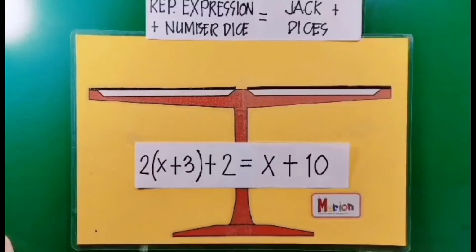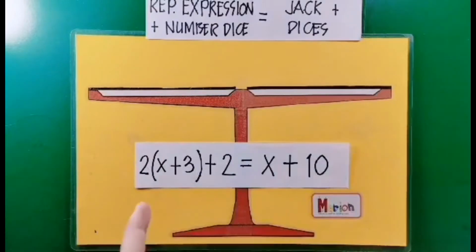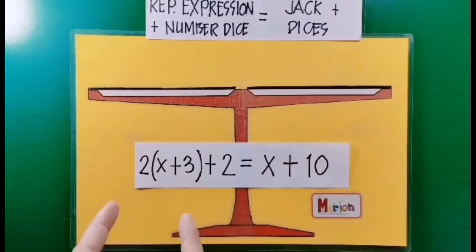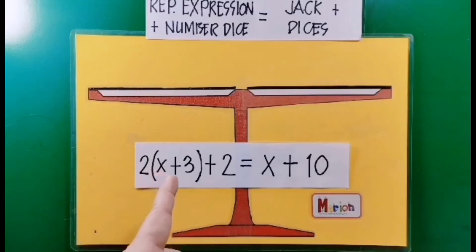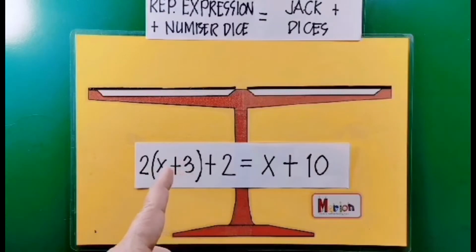Okay, so let's start solving this equation. Like I said, when there are parentheses or repetition, we process the parentheses first. So the expression is x plus 3. Since it says 2, meaning we need to do x plus 3 twice.